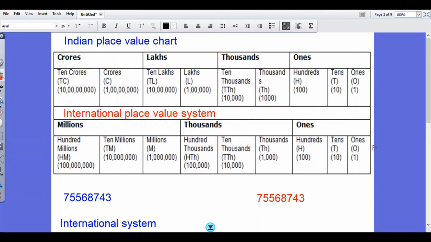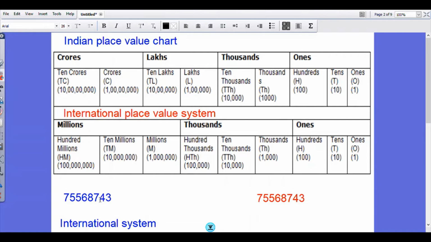This group of three is one period, another group of three is another period. In the Indian system, we also start grouping from the right, first in a group of three, and further in groups of two. The first period is divided into three parts, and later further into groups of two. Okay, this is the main difference.